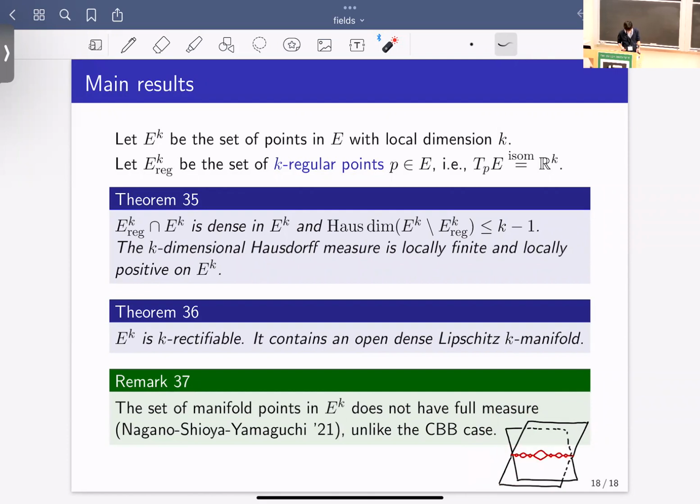Okay, and this is again different from CBB extremal subsets. Okay, so in conclusion, extremal subsets in GCBA spaces do not have as nice properties as extremal subsets in CBB spaces, but they still have some connection with the topological structure. So I think they are worth studying.